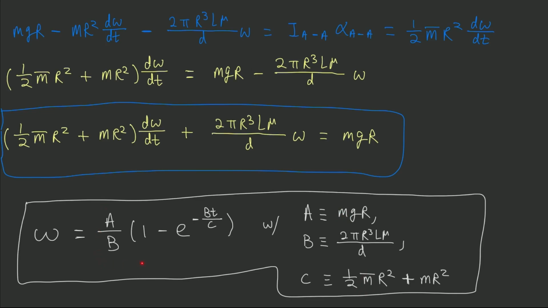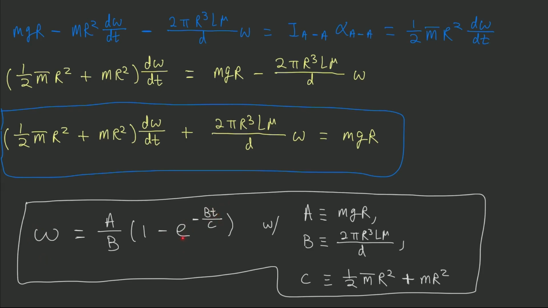So our solution form is pretty typical for a lot of these viscosity driven problems. You'll see that at initial time, time 0, the angular velocity of the shaft is indeed 0, because e to the negative 0, or e to the 0, is 1, 1 minus 1 is 0, so omega is 0, the shaft starts from rest, as we've assumed.